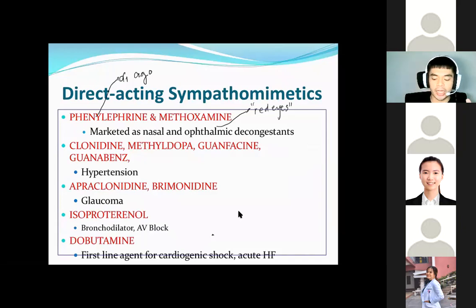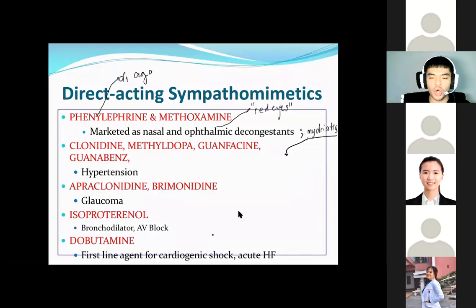What else? Alpha-1 agonists are also used as mydriatics. Again, they are also used as mydriatic agents. Recall question: when it is a mydriatic, are the pupils enlarged or constricted? Enlarged. So, enlargement or dilatation of the pupils.